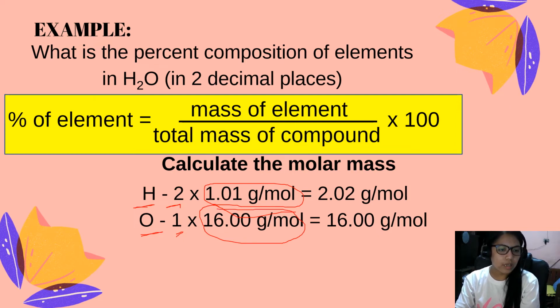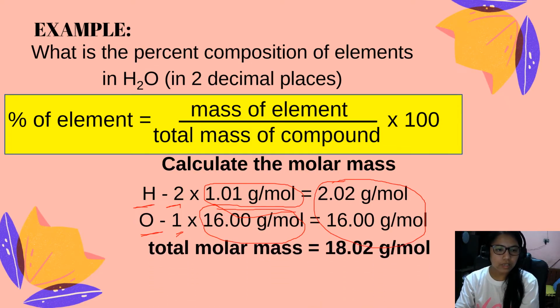So, the answer is 2 multiplied by 1.01 is equal to 2.02. 1 multiplied by 16 is equal to 16. So, you just add the product. So the answer is 18.02. So the total molar mass of hydrogen and oxygen is 18.02.